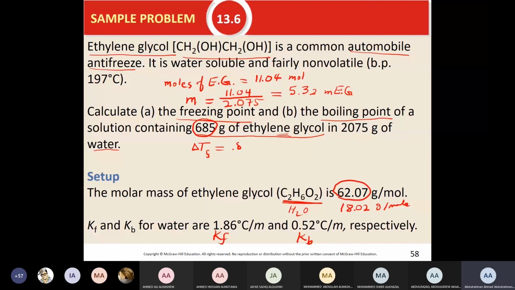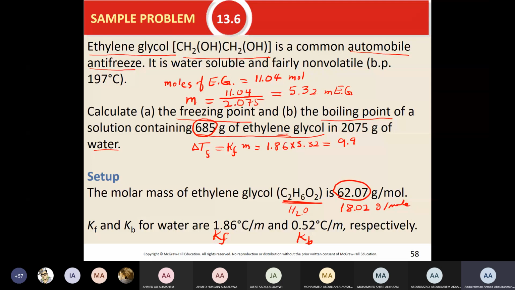I want you to memorize the law first before you put the numbers. Delta TF equals the constant of freezing times molality, which is 1.86 times 5.32. And what's the answer? 9.9. Very good.